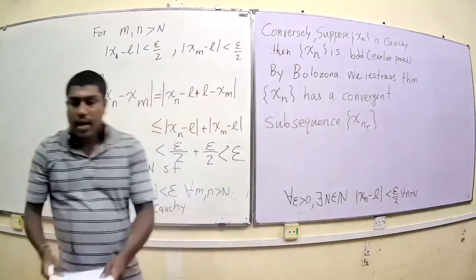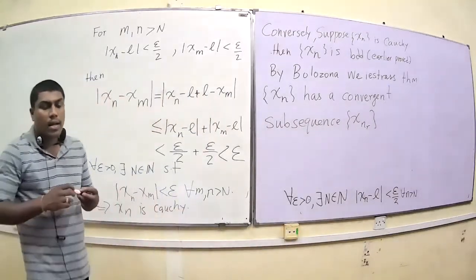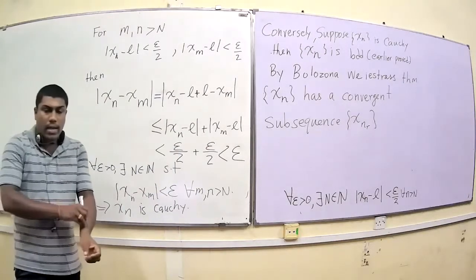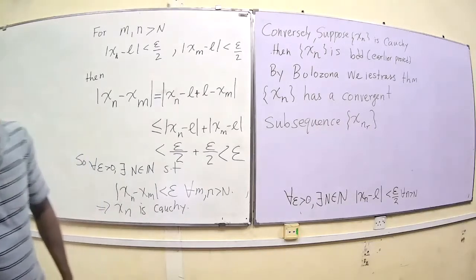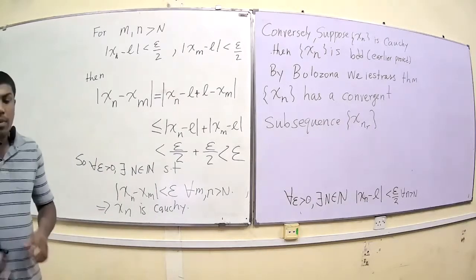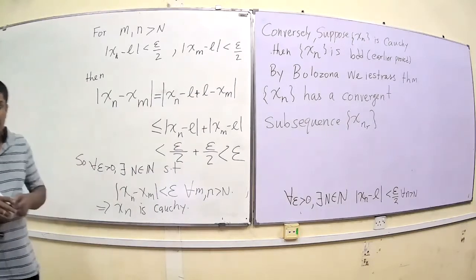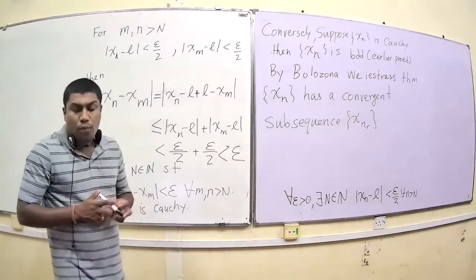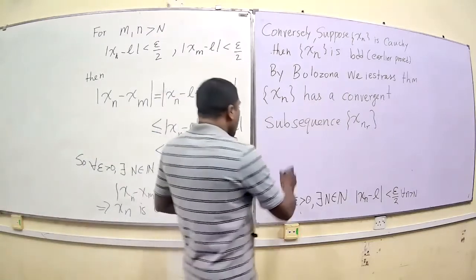Because the sequence xn is bounded, it has a convergent subsequence. We name the convergent subsequence x_{n_r}, the standard notation which we had earlier.